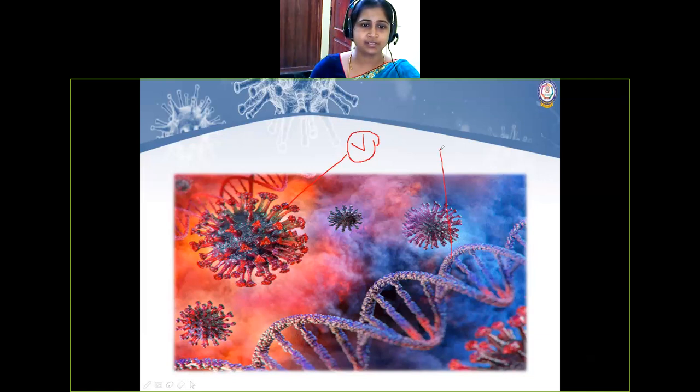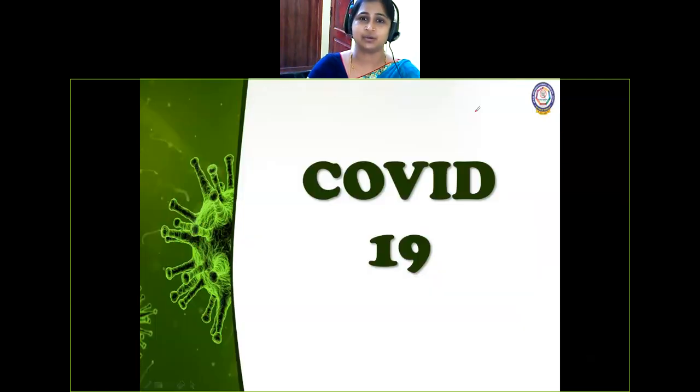And here you can see a double helical structure. It is DNA, deoxyribonucleic acid. So by this time you would have figured out what type of virus it is. It's none other than the COVID-19 coronavirus. It's worldwide familiar now.